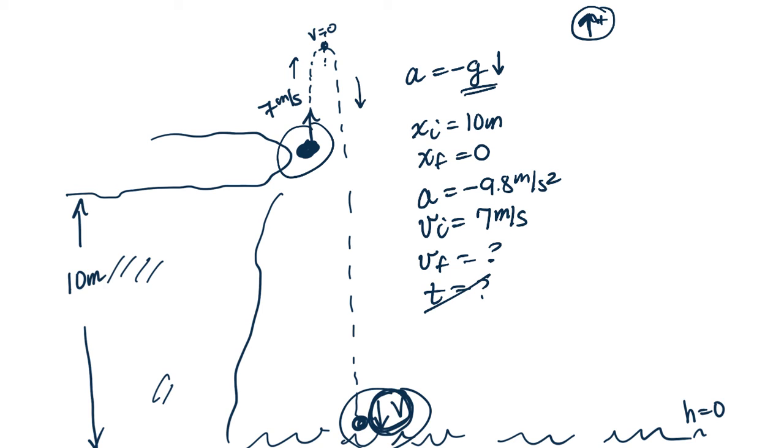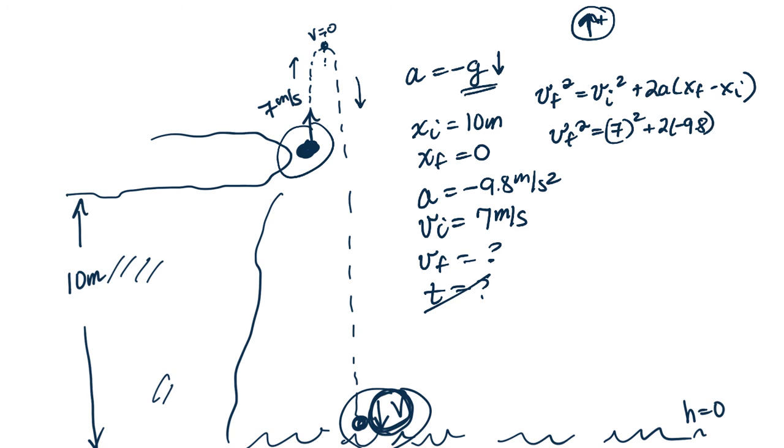So given that I don't care about time, we want to think about which equation doesn't have time, and if you remember, it's this one. The one that doesn't have time. So let's plug in all of our numbers. So v final squared is what we want. V initial squared is 7 meters per second, squared, plus 2 times a, which is negative 9.8 meters per second squared, times x final, which is 0, and it's really important you get the order right here, minus x initial, which is 10 meters.